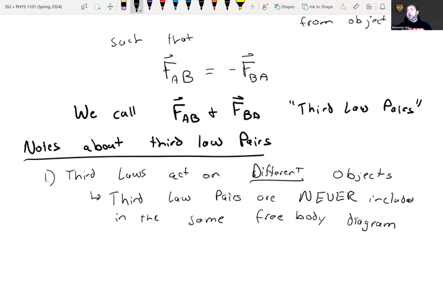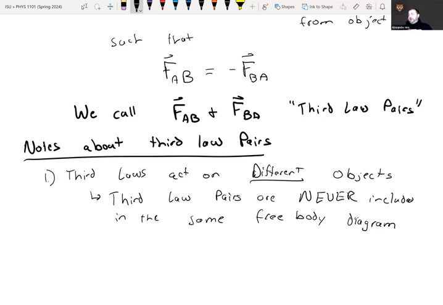This is why a common question comes up where people don't really understand what's going on. They're like, well, if there's always an equal and opposite reactive force, how is it that forces can actually cause anything to happen? And the key is that, if I push a ball across a room, yeah, the ball is pushing back on me, but it's not like both of those third law pairs are acting on the ball.